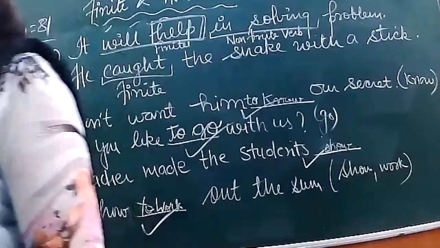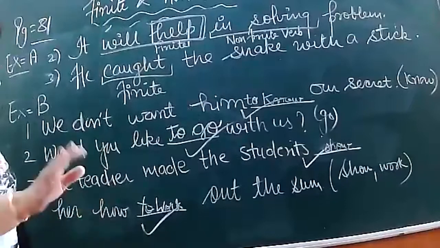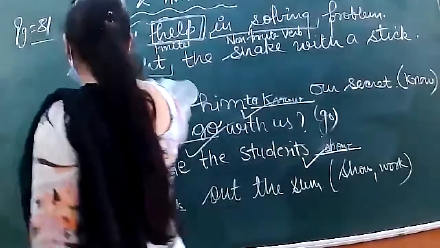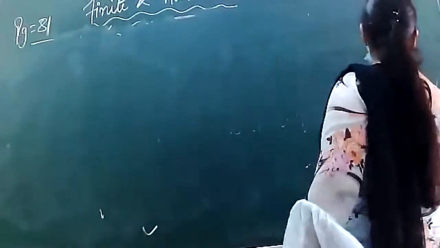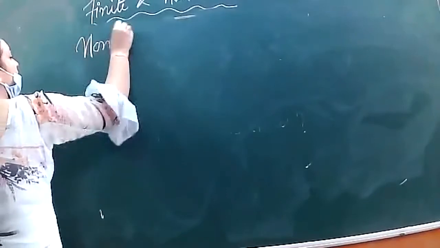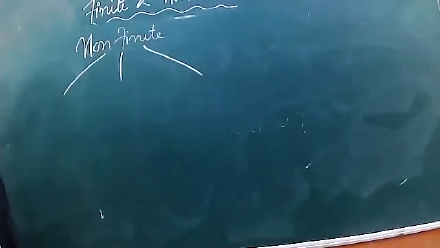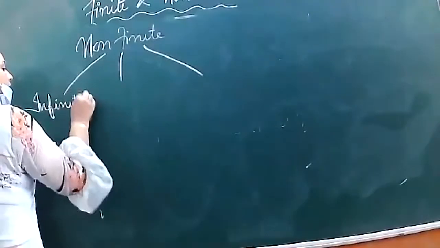Okay. Now, bache, after that, you have to fill in the blanks using infinitive. Now, we have done finite and non-finite. Exercise A and B is clear. Now, see, in non-finite, there are further 3 categories. First is infinitive.